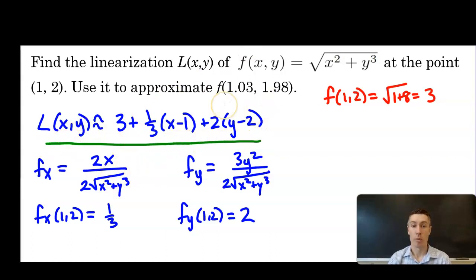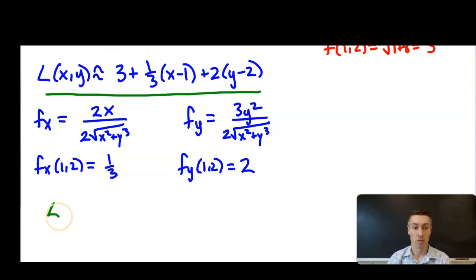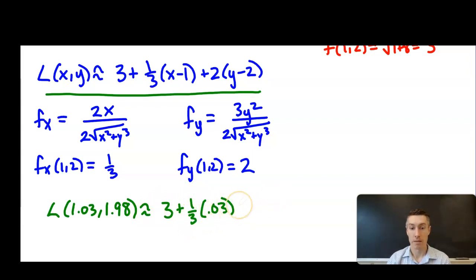And now we're going to use it to approximate the value of the function at 1.03, 1.98. So 1.03, 1.98, that's going to be approximately 3 plus 1/3 times 0.03 plus 2 times negative 0.02.